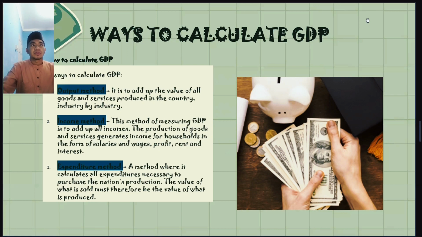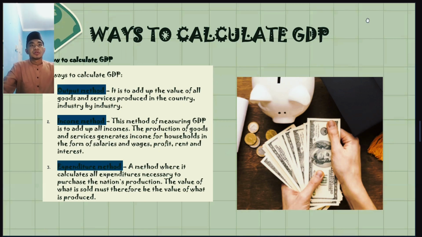So for the parts of GDP, there are two parts of GDP. The first one, nominal GDP, is GDP measured in terms of prices in the year in which the output is produced, also called GDP at current prices.